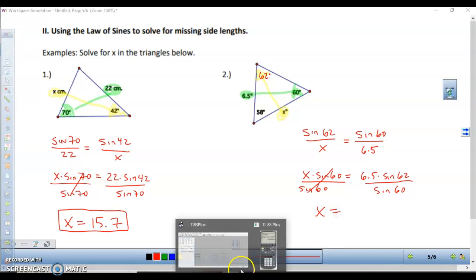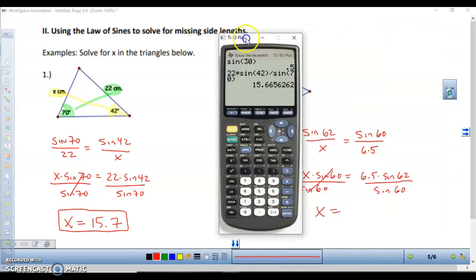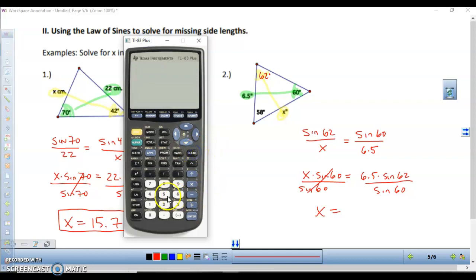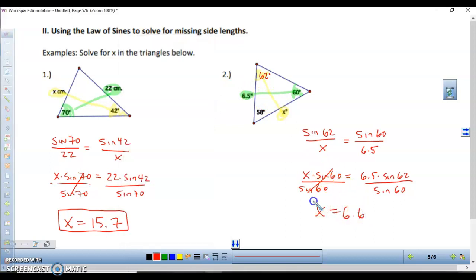And let me just get my calculator out, punch that in. So I've got 6.5 times the sine of 62, closing my parenthesis, being very careful, divided by the sine of 60. And I get about 6.6. If this is 6.5 and it's across from the 60-degree angle, then the one across from the 62-degree angle should be slightly bigger, and it is, so this answer makes sense.